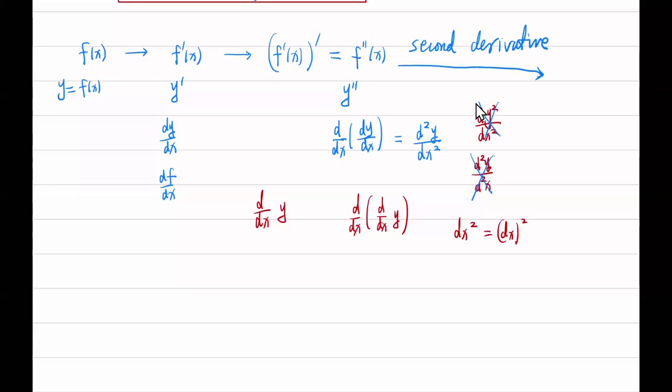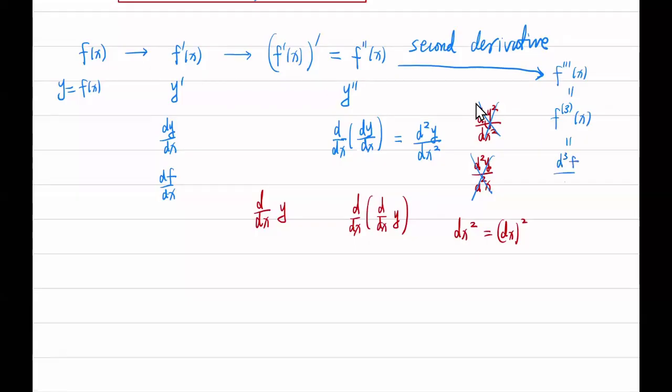Third derivative. Again, there are several different notations. Sometimes we use f with 3 in parentheses, because there are too many primes, to indicate taking the third order derivative.